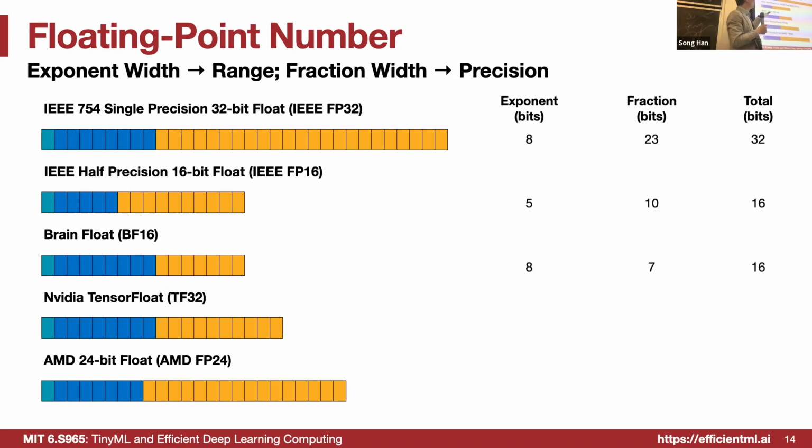And then Google proposed this BF16 a couple of years ago, very recently. So the brain float has the same amount of exponent bits as FP32, but much shorter fraction bits. Altogether, it has the same number of bits as half precision, however it has more exponent bits compared with the fraction bits.